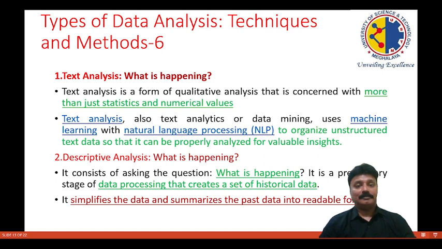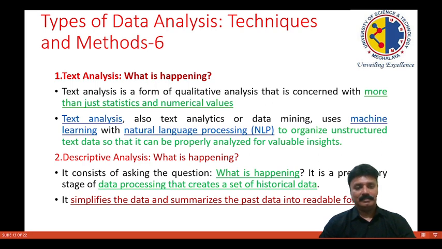Now the types of data analysis techniques and methods. There are six types of data analysis techniques. The first is text analysis, where the main thing is how the text will be analyzed. Text analysis is a form of qualitative analysis concerned with more than just statistics and numerical values.